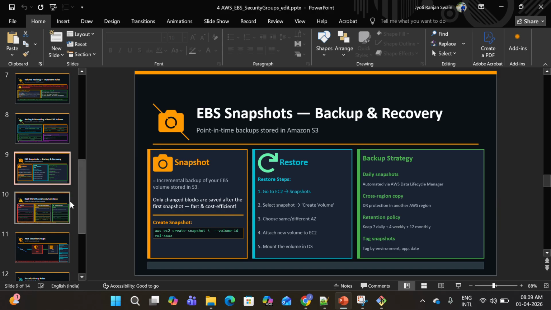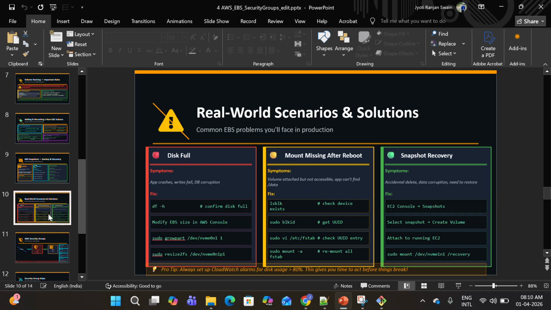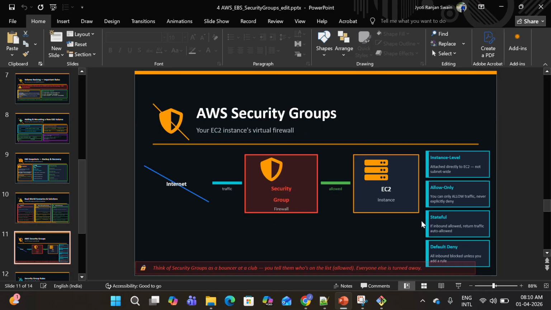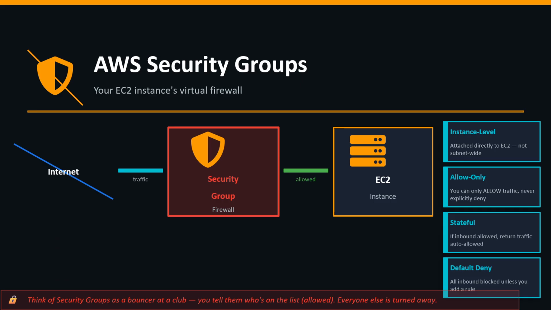That's all about the EBS volume, so let's go to the AWS security group. The security group is always attached to the EC2 instance, so it gives instance level security.